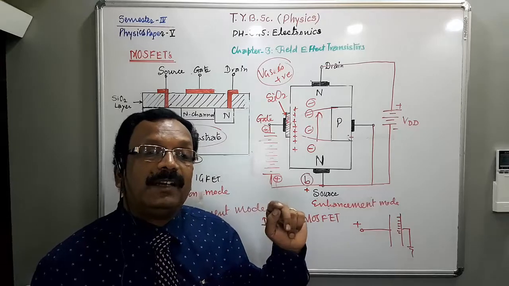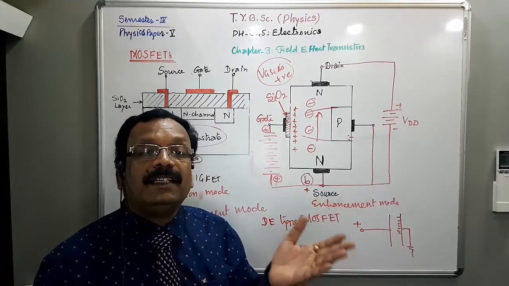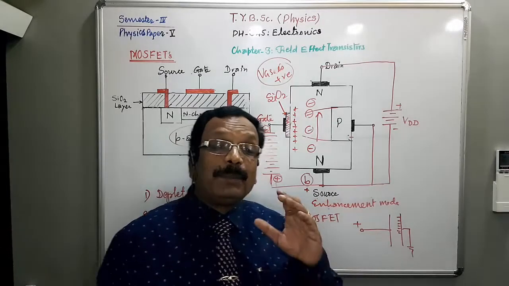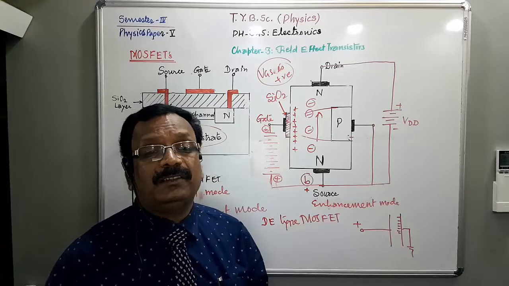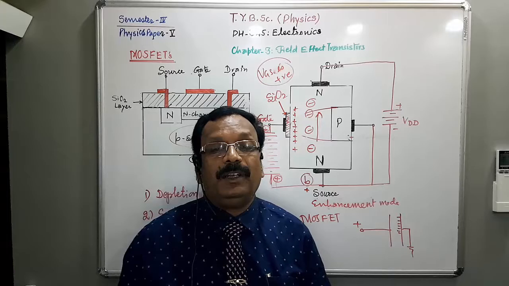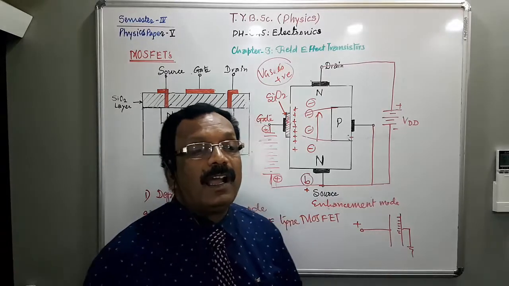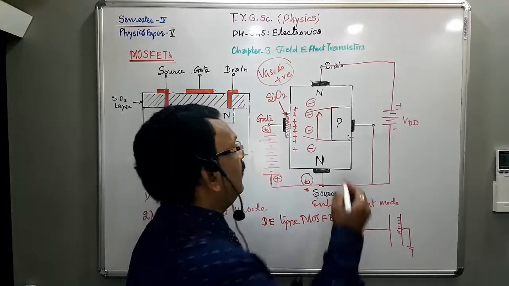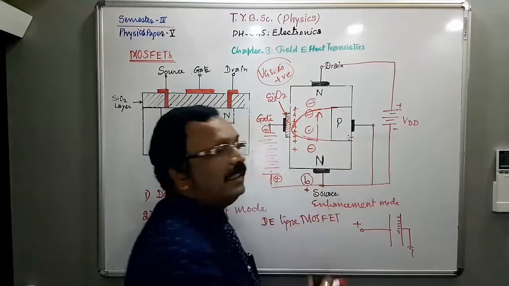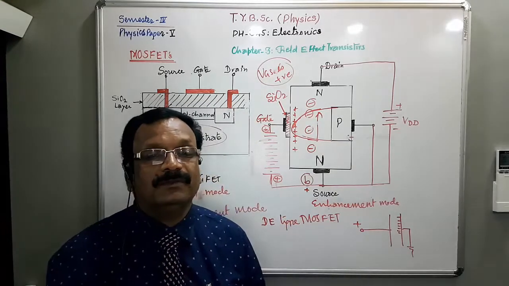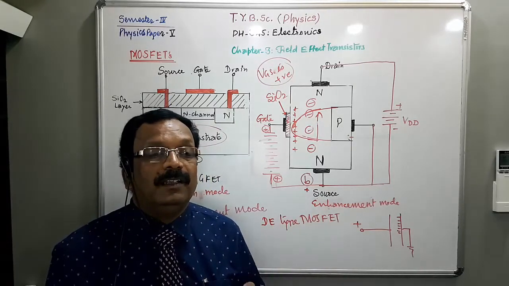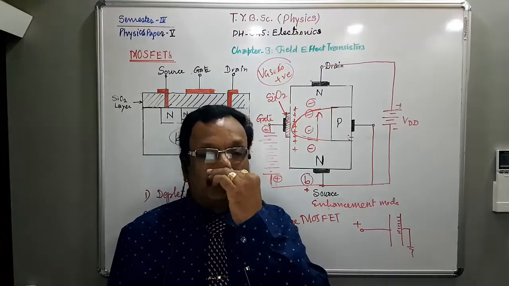Thus, it reduces the drain current flowing through the N-type channel as the gate-to-source voltage is made more negative. At a sufficiently large negative gate-to-source voltage, the N-type channel region near the drain end looks like this, and the path is blocked. Depletion occurs.